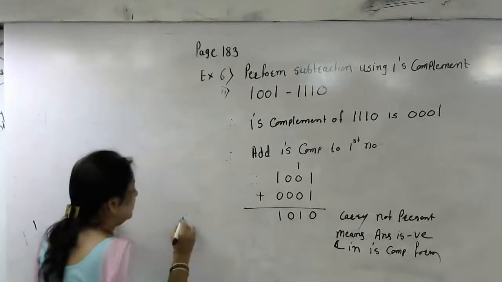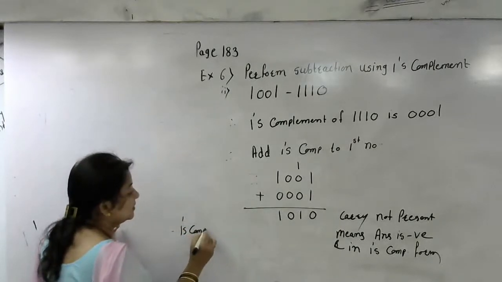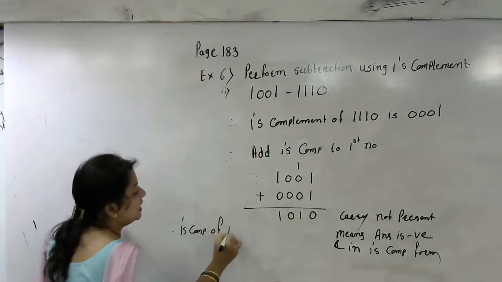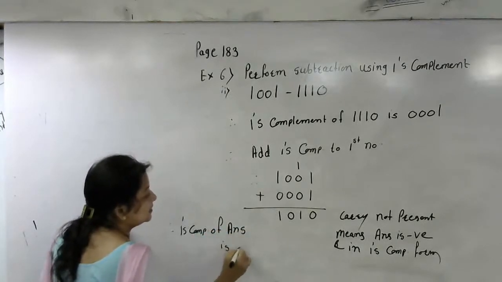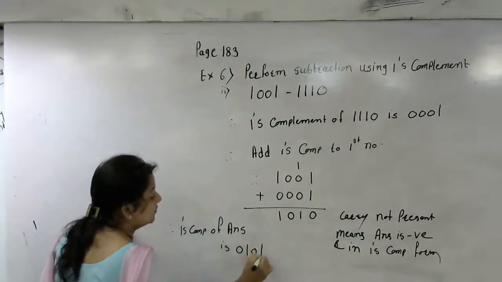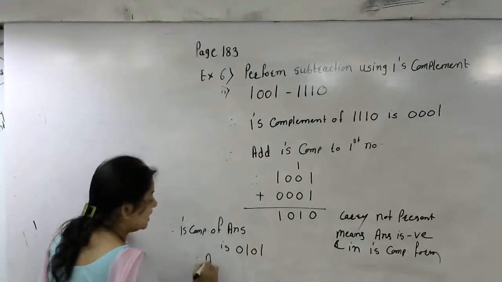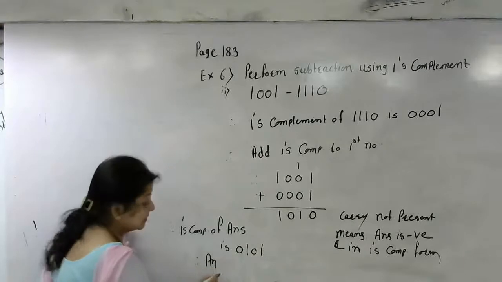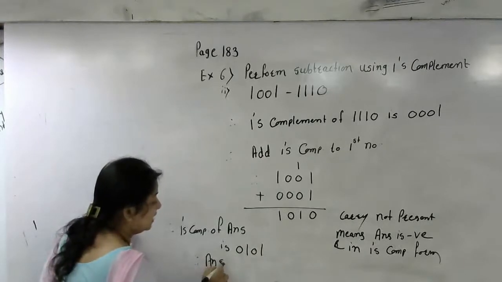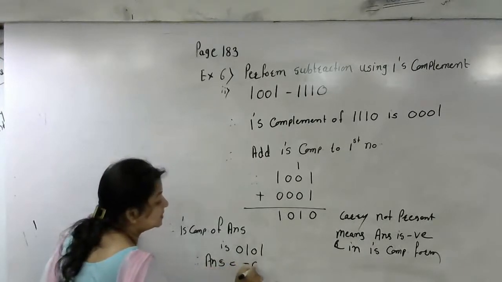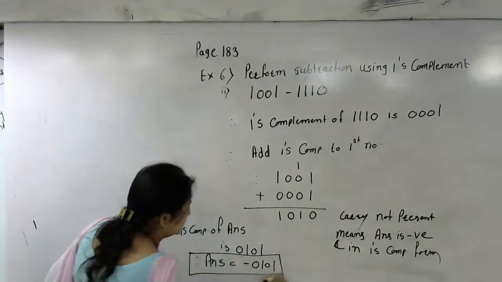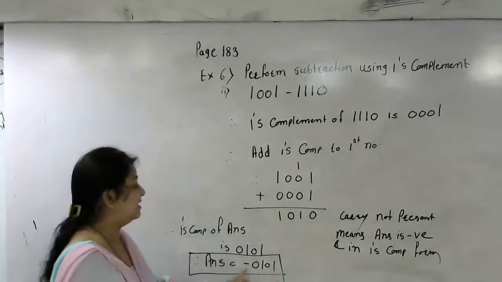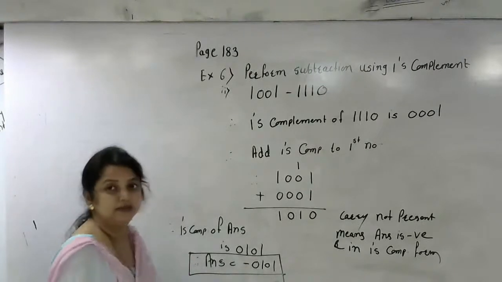Therefore, the one's complement of the answer is 0, 1, 0, 1. Therefore, answer is equal to minus 0, 1, 0, 1. Our answer of this subtraction is minus 0, 1, 0, 1.